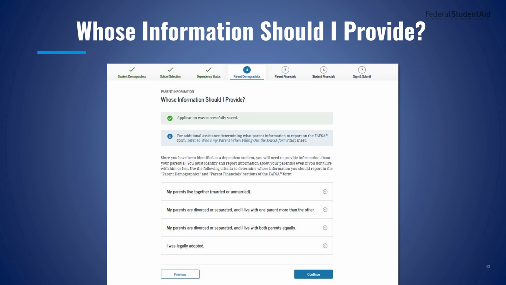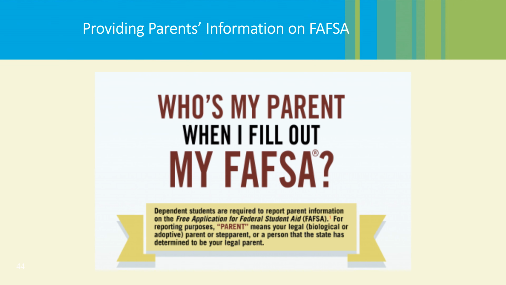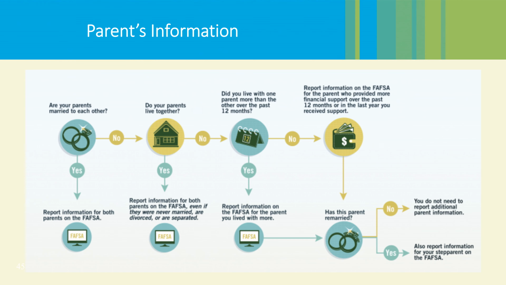Then just a screen so you know whose parents you should provide. If you click on the down arrow where it says my parents live together, married or unmarried, it will give you some additional information. So, who are my parents when I file my FAFSA?